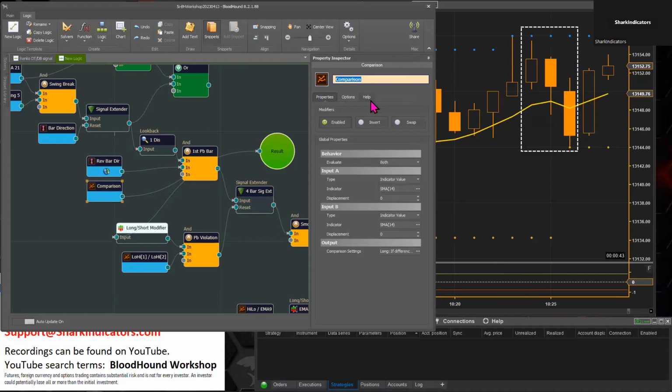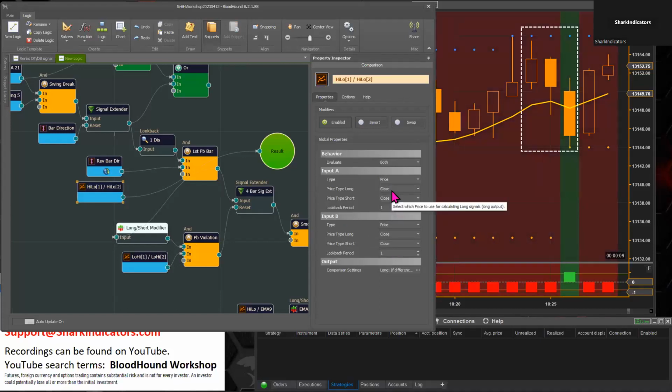So this time we're going to compare the high and the low of the current bar to the high and low of the second bar. All right, so let's set up all the inputs here and put the prices in.